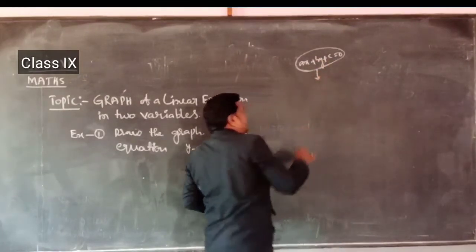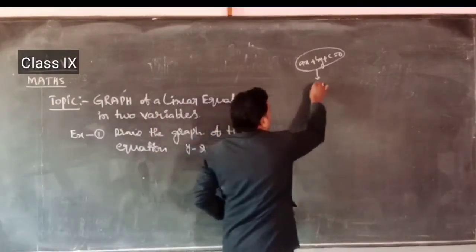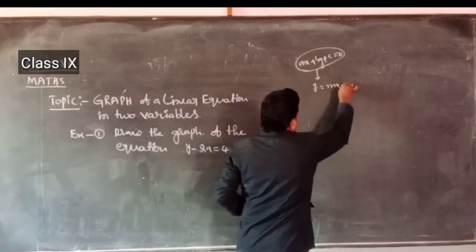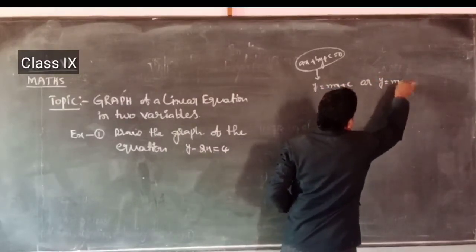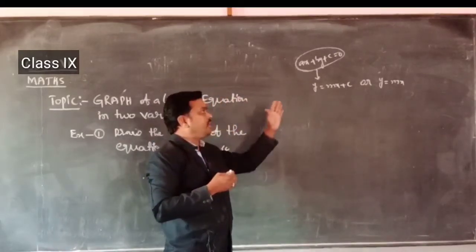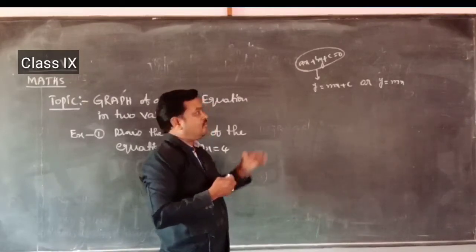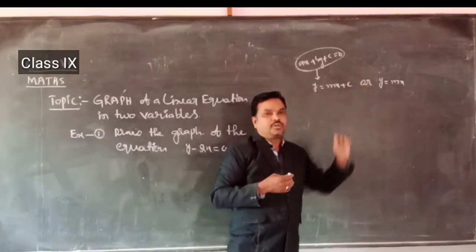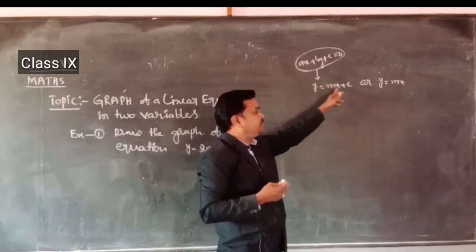Always the graph of a linear equation is in the form of y is equal to mx plus c or y is equal to mx. What is the difference between these two graphs?